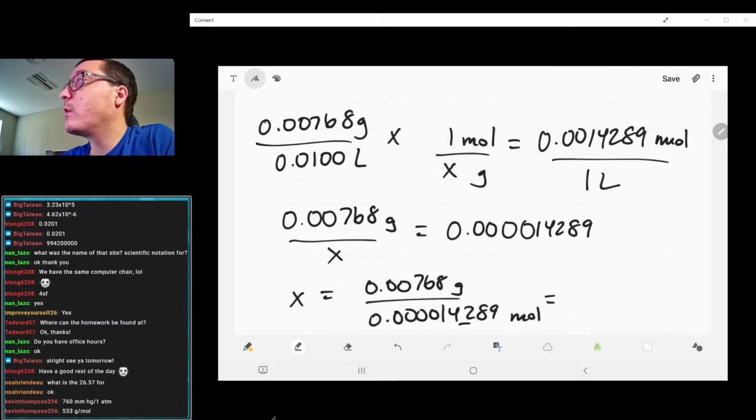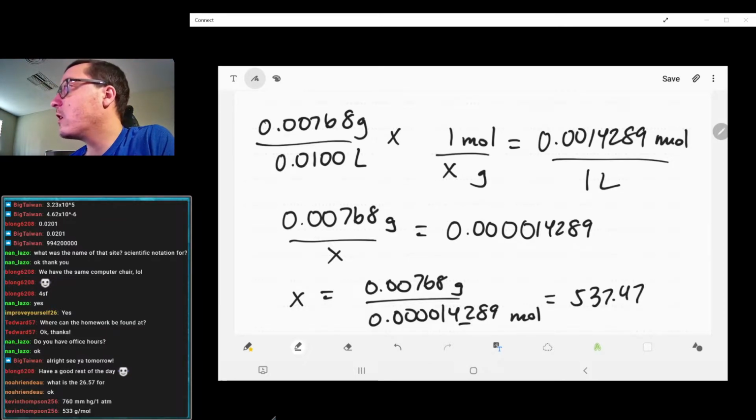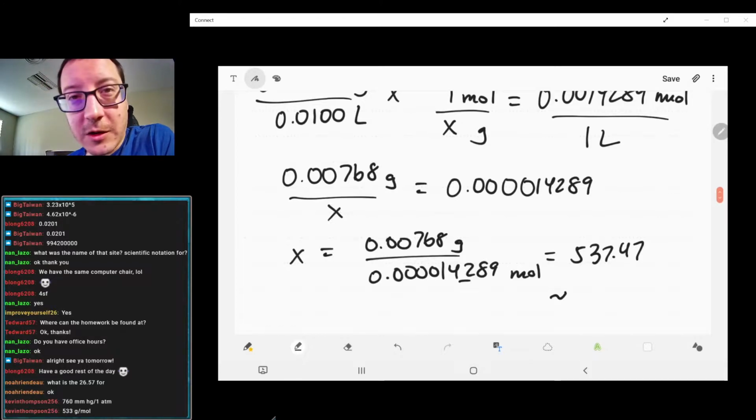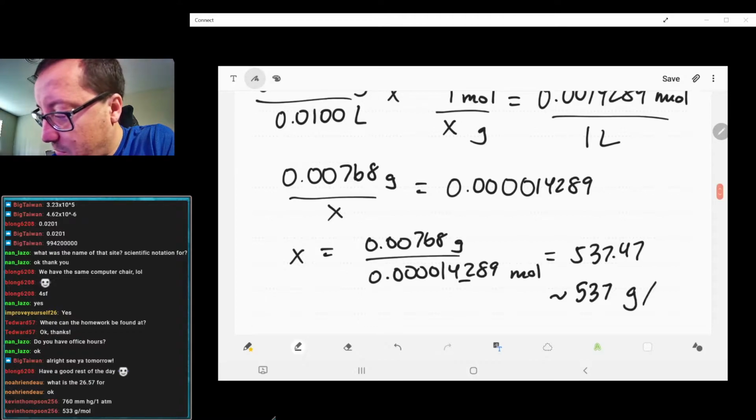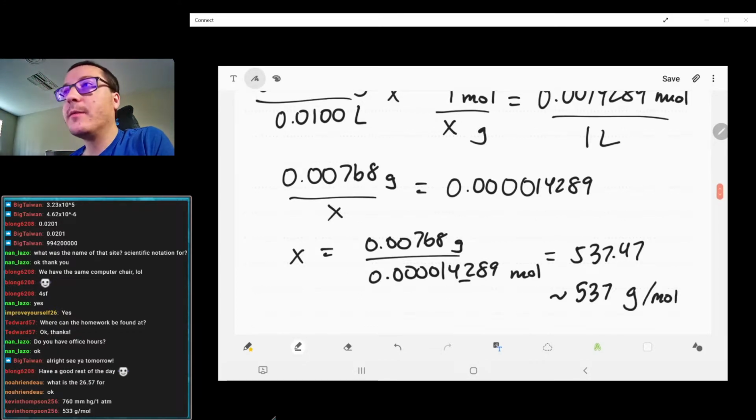So in doing all this crazy small number stuff, let's see if I get the same thing as Kevin. Doing this, I got 537.47. Kevin got 533. There's probably just some rounding things going on in there. So don't round till the very end. That's always what we do. So I would say that this is 537 grams per mole as our molar weight or molecular mass.